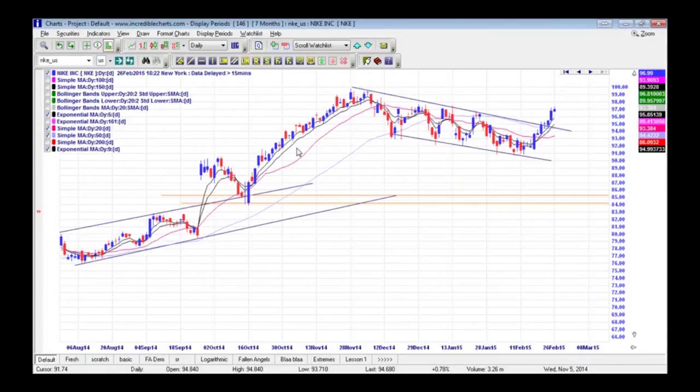How many times does it ever break through the 9? Never. Not until the pattern changed, which was exactly when you would have wanted to get out. Once it changed, it became an oscillating pattern, and now the moving averages didn't matter at all. They were completely useless.